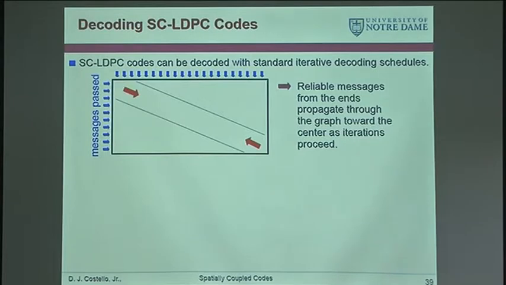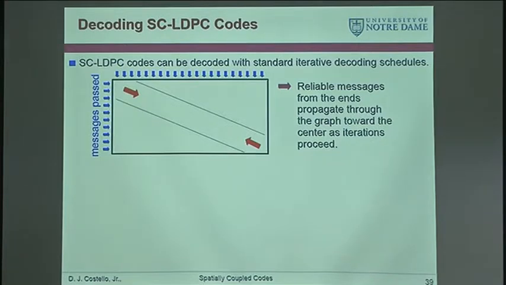They're more reliable at the ends because the lower degree checks at the ends mean that the check nodes are connected to fewer variable nodes, which means the local codes at the ends are lower rate codes. Lower rate codes are more powerful in terms of error correction capability than higher rate codes. So that's what gets this wave effect started.